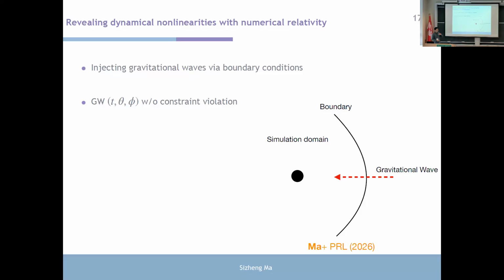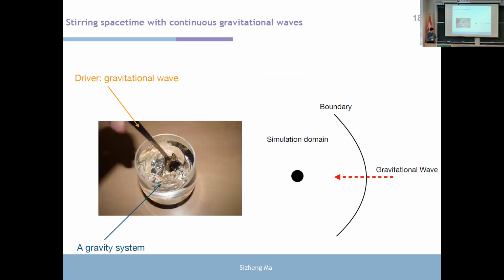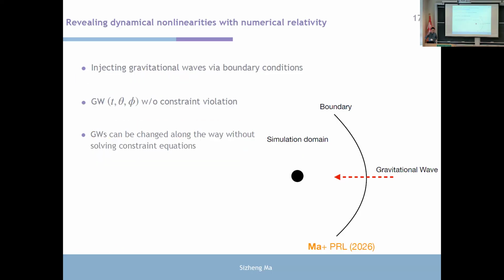In our setup, we can specify this gravitational wave to be any function of time and the spatial coordinates at the boundary without introducing any constraint violation. As a result, we can actually change those gravitational waves as the simulation proceeds. For example, we can inject a gravitational wave for some time, then turn it off and then turn it back on after a while.